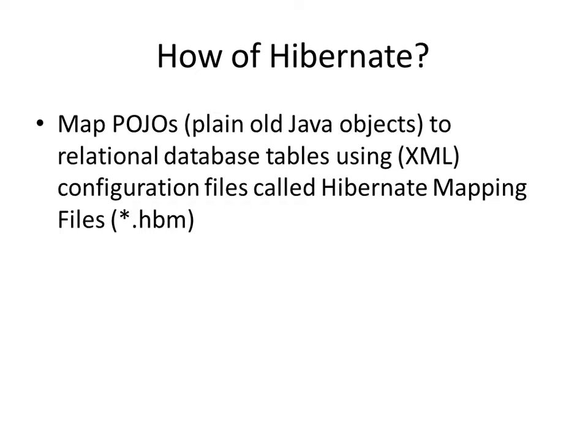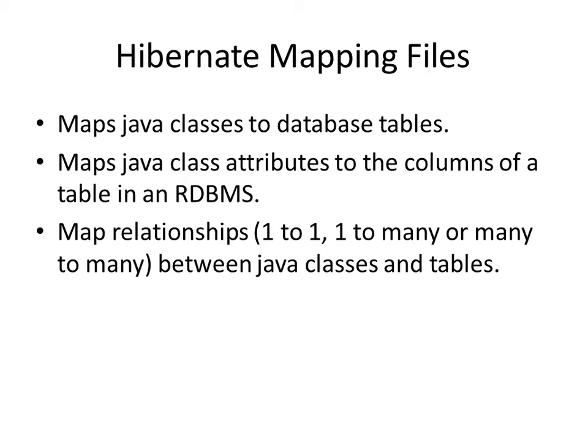And this mapping is specified in the configuration files called Hibernate mapping files, and they have the extension .hbm. The Hibernate mapping files map the Java classes to database tables. They also map the class attributes to the columns of the table, and they map relationships between Java classes and the tables. And these relationships could be one to one, one to many, or many to many.